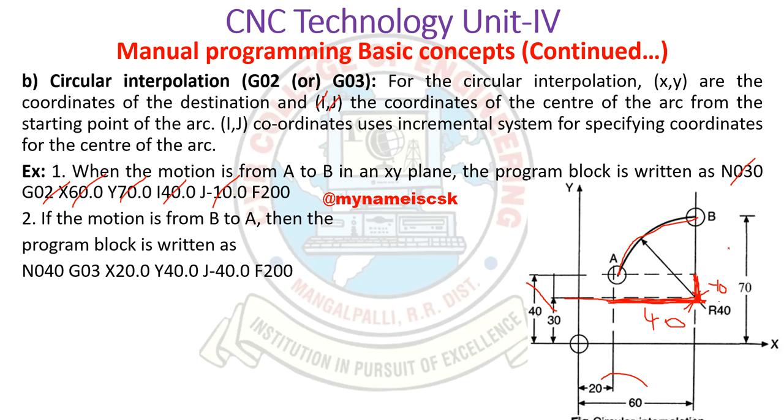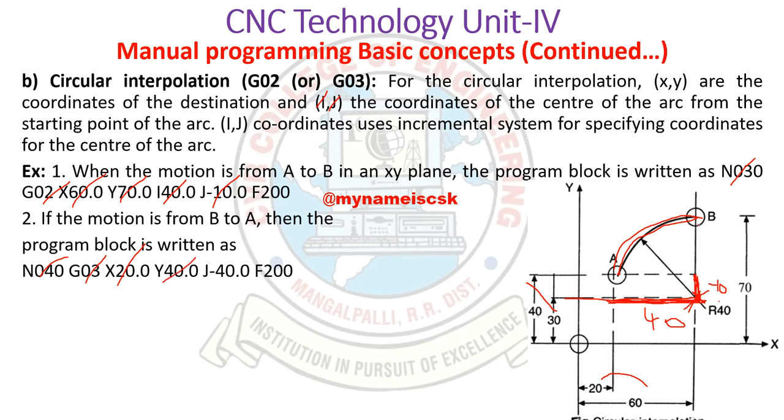And similarly if we want to move from B to A, now we are moving in reverse, in the counterclockwise direction, with N for the serial number. Then the x axis comes as 20 mm and y axis comes as 40 mm.